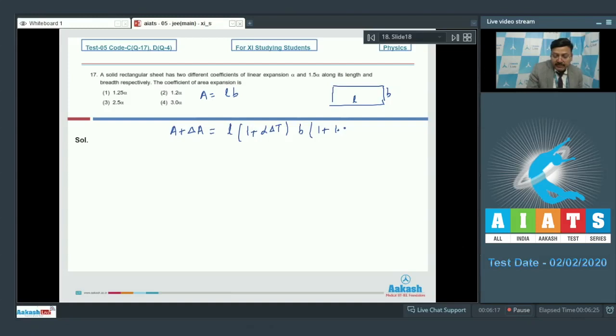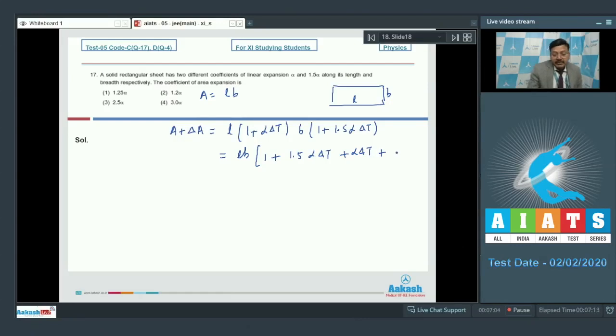This will simplify to LB into 1 plus 1.5 alpha delta T plus alpha delta T, plus another term with alpha squared and delta T squared.